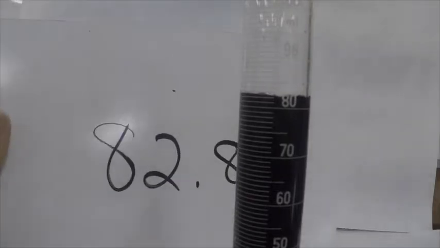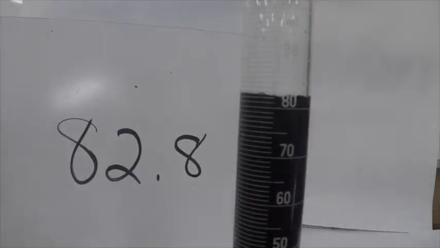You didn't get as many significant digits as you could get. Instead, it should be 82 point, and then we make a little estimate. As I look at that, I would say it's probably 82.8. So that's our measurement, 82.8, because I can measure this thing to the nearest tenth.